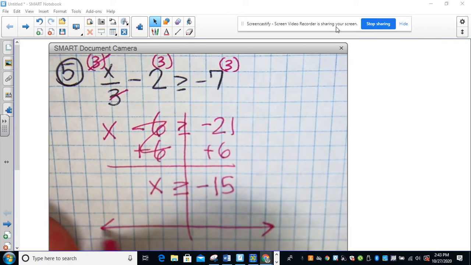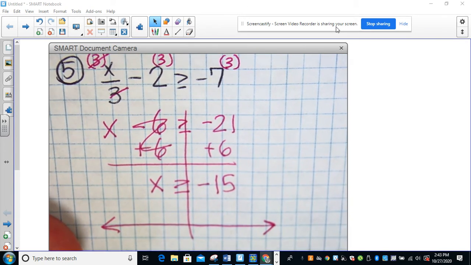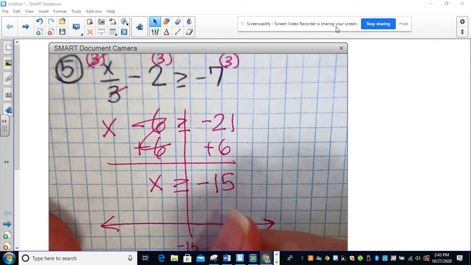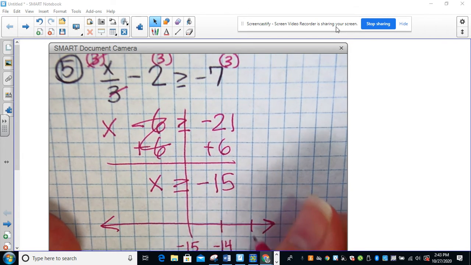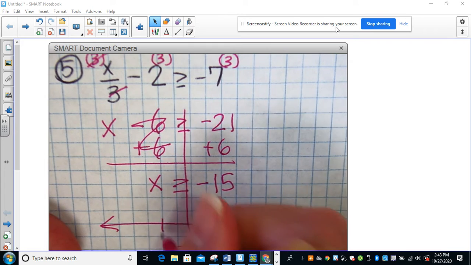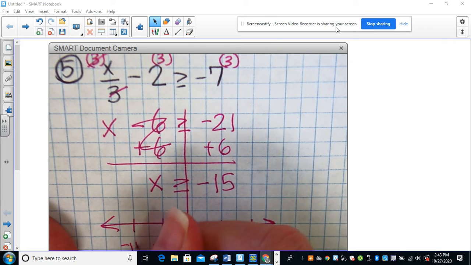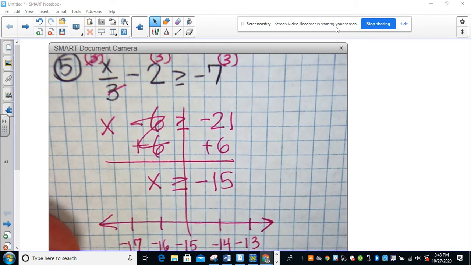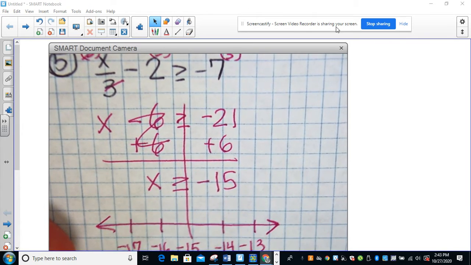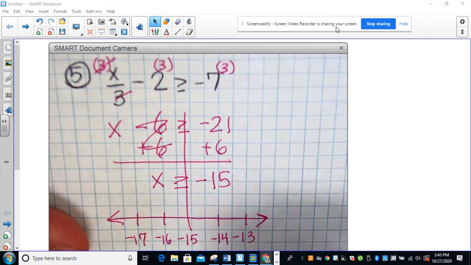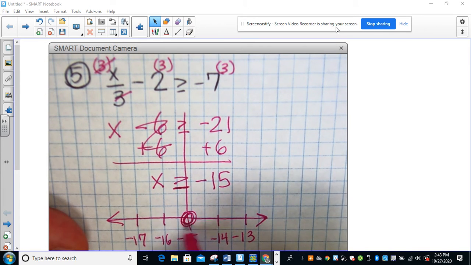So here's our number line. Again, be careful with your negatives. So if this is a negative 15, this is a negative 14, this is a negative 13, negative 16, negative 17. And it's going to be a solid dot at negative 15 because it has an equal sign. So we color in the dot on the number line.